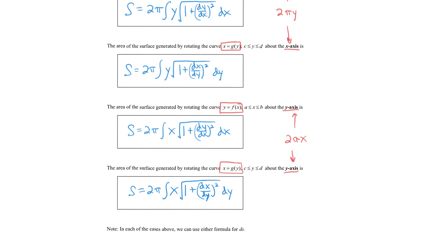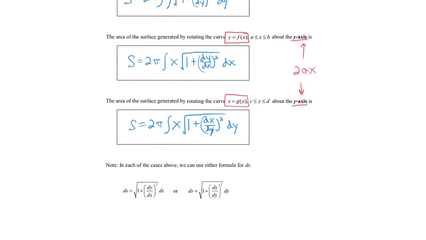Okay, so those are the methods that will fall into place. But if you look at the note below there, you can see that in each of the cases above, you can use either one of these formulas for ds. As I mentioned, sometimes one will be easier than the other. Sometimes we won't be able to integrate one, because these integrals can be a little tricky.